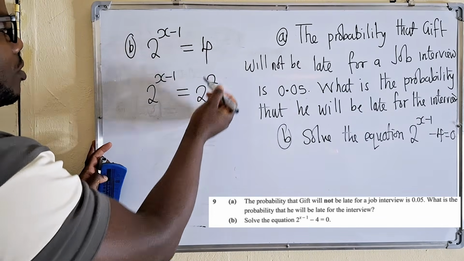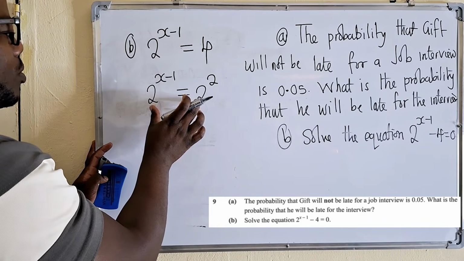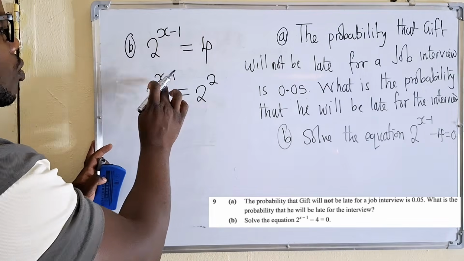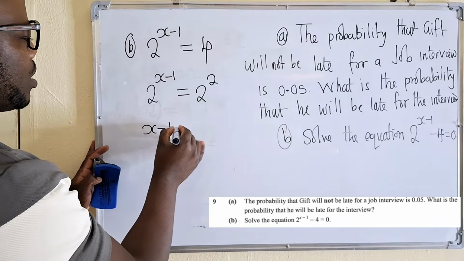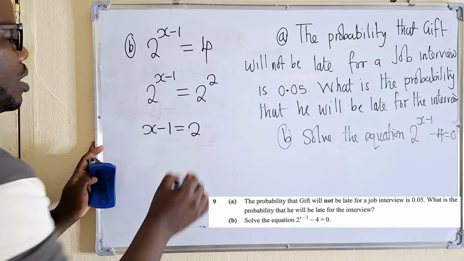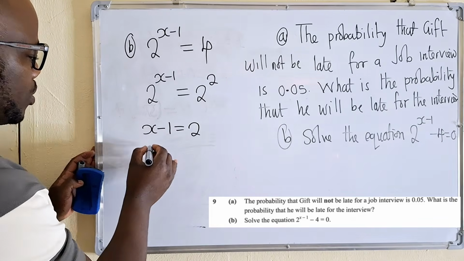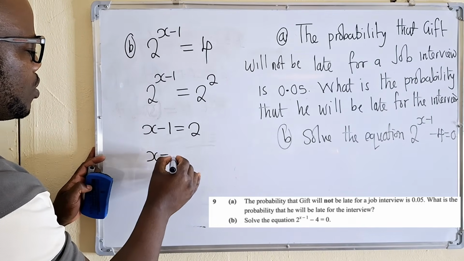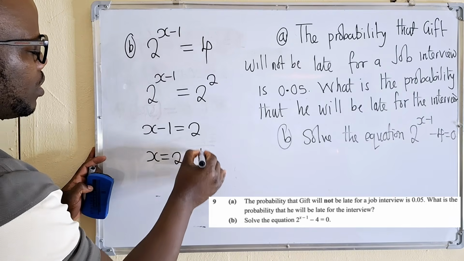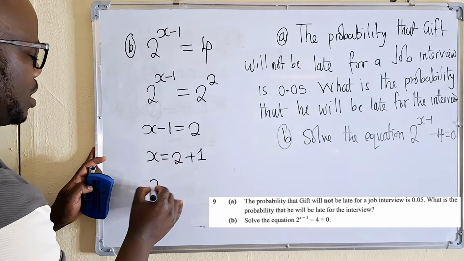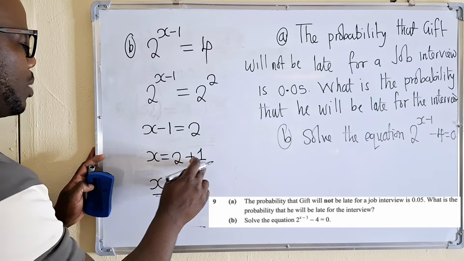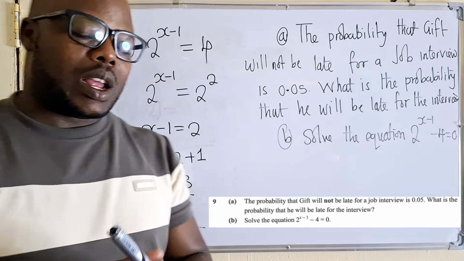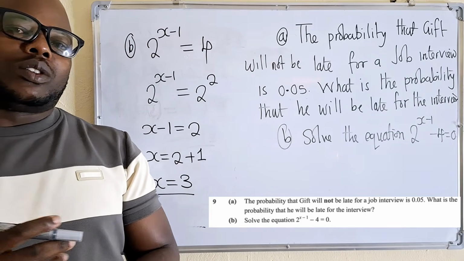We know that this will give us a 4. Now that we've got the same bases, we can equate the exponents. That is x minus 1 equal to a 2. Okay, so x is equal to 2 plus a 1. X will simply be equal to a 3 because 2 plus 1 will give us a 3. Okay, so that's it.